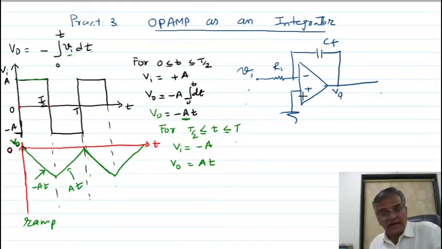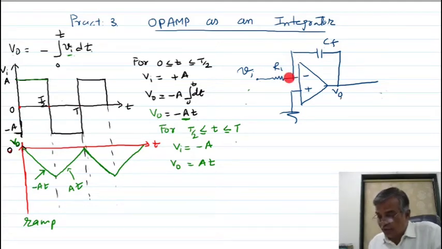This is called the ideal circuit, or the basic integrator circuit. The gain of this circuit is decided by the feedback capacitor. The reactance of this capacitor decides the gain of the circuit.